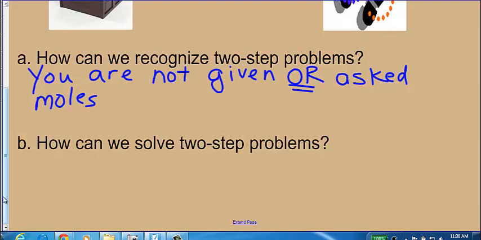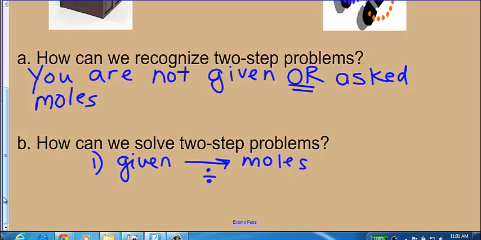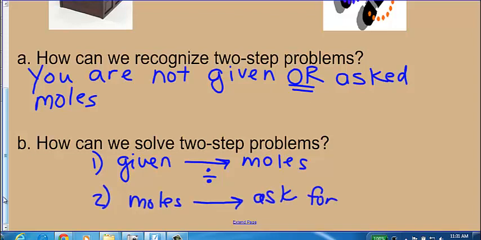In the first step, you're going to take what's given and convert it to moles. Since you're going toward moles in the first step, you're always performing division. In the second step, you're going to take the moles that you found and convert it to what they ask you for. And since you're always going from moles, the second step is always multiplication.